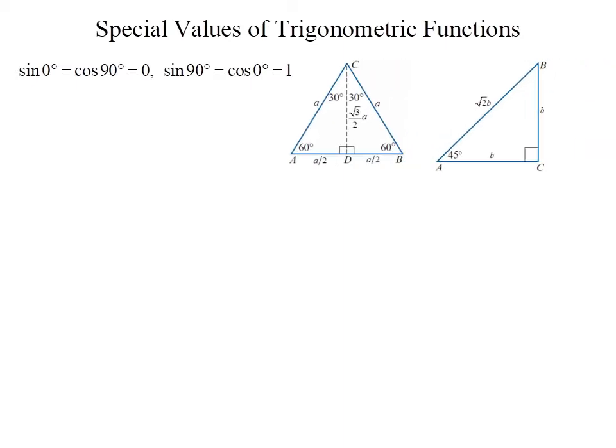As for the values at 30, 45, and 60 degrees, we use two triangles to evaluate them. The triangle on the left is an equilateral triangle.